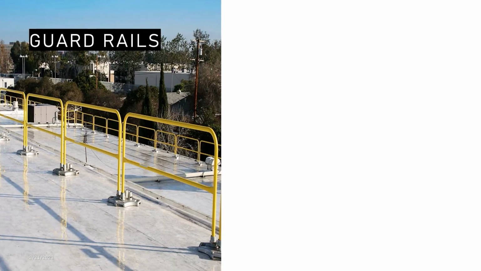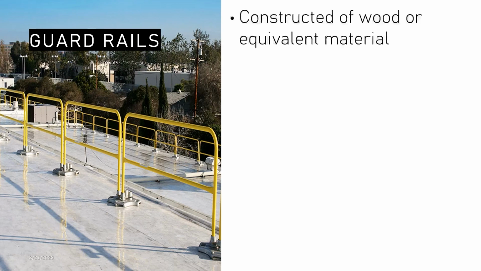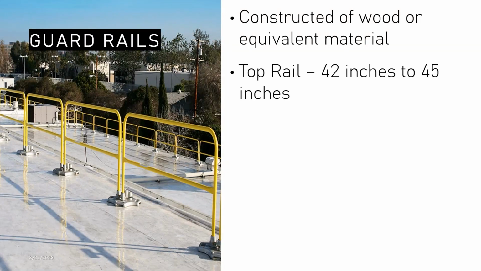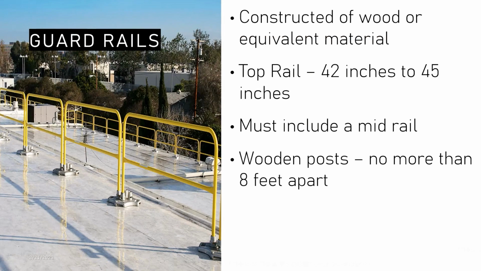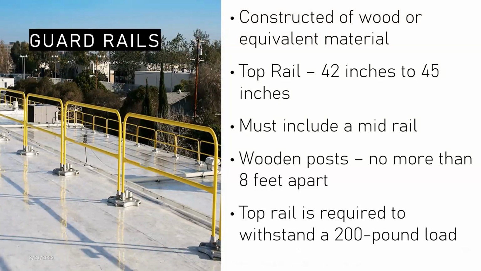Guardrails have design specifications that must be followed to ensure they will protect the employee. They must be constructed of wood or equivalent material. The top rail must be at 42 inches to 45 inches and must have a mid-rail. Wooden posts must not be more than 8 feet apart, and the top rail must withstand a 200-pound load in a downward and outward direction.